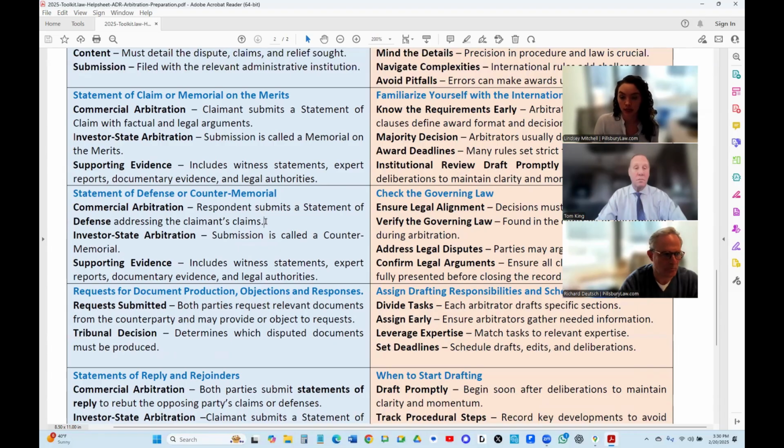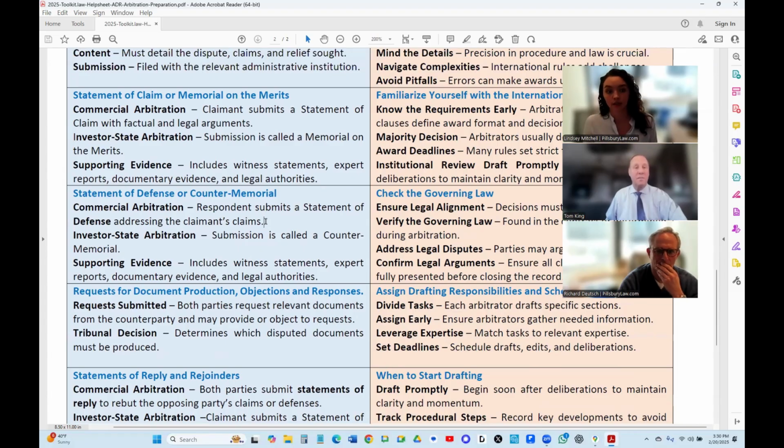And this is important when it comes to the pleadings, because if you have a bifurcated arbitration, then that means the parties are going to submit one whole round of pleadings just on jurisdictional issues. And then if the case continues moving forward, they have to submit an entire other round of pleadings.